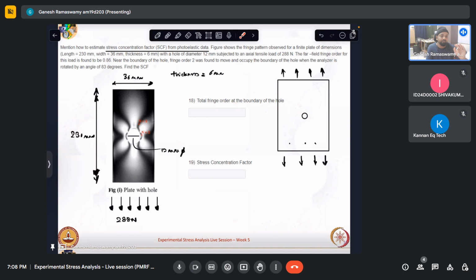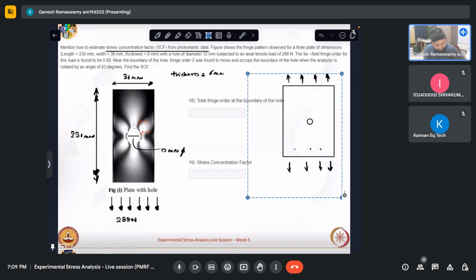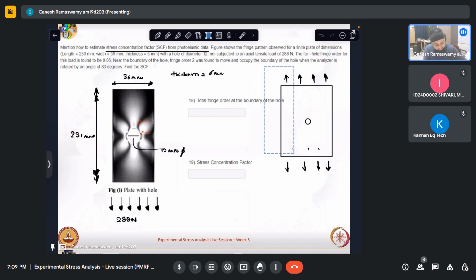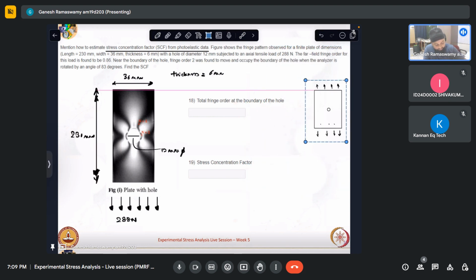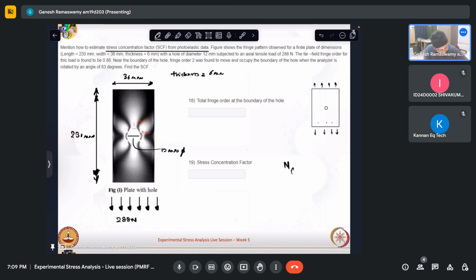It will have the same fringe order everywhere. Whereas this is leading to some stress concentration here. So sufficiently away from this, we will essentially be seeing uniform color, the distribution to be uniform. So that is what at that point they have measured, and the fringe order there is found to be 0.86. So N far field is found to be 0.86.